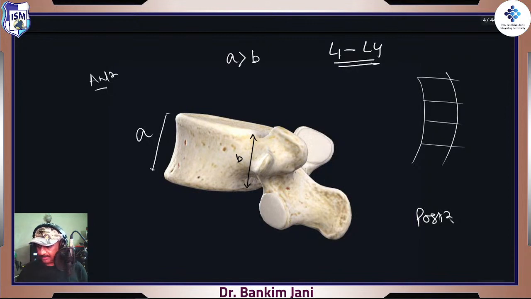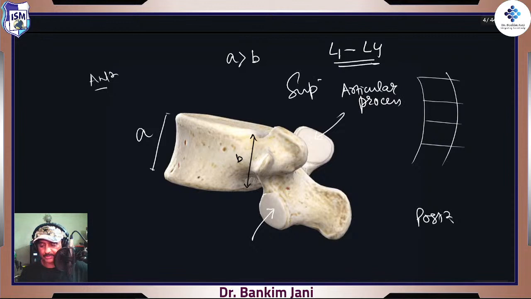Now let's see these structures first, and then we'll go into more detail. This is the articular process, and it will articulate with another articular process. So this is the superior articular process and the inferior articular process.